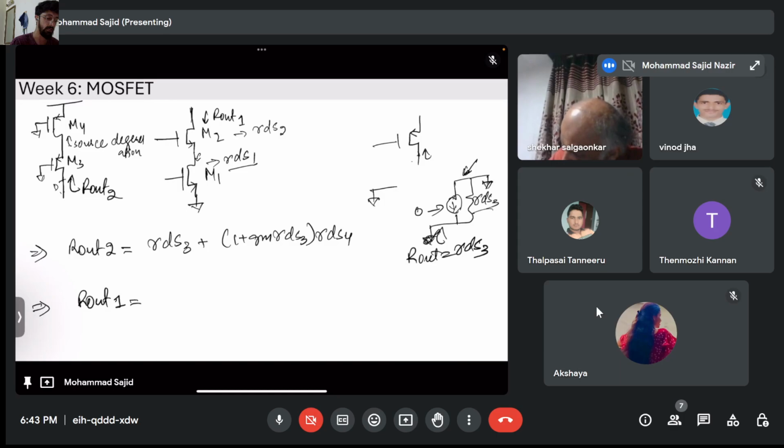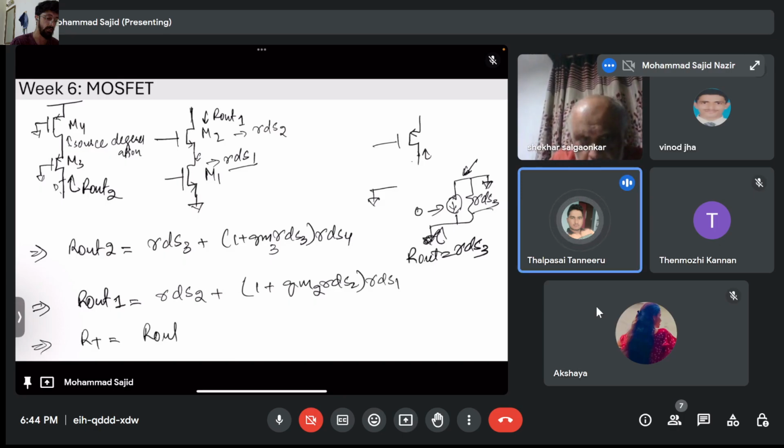Simple, just look at R out 2 and repeat it for these two. RDS2 times 1 plus gm RDS2, multiplication of RDS1, sir. This will be RDS2, this will be 1 plus gm2, multiplied by RDS1. And now our total will be R out 2 parallel R out 1.